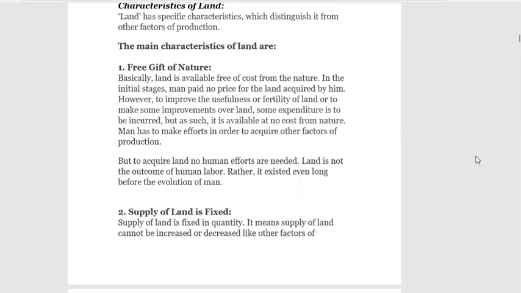When we do manufacturing, we build factory sheds. That means nature has given us land, but we are using this land as per our convenience, as per our needs.